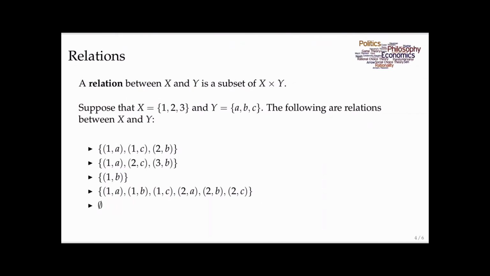So for example, these sets right here are all relations that relate elements of X with elements of Y, where X is the set {1, 2, 3}, and Y is the set {A, B, C}.